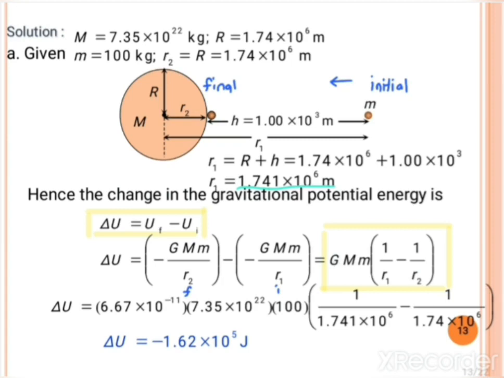M is mass of moon, capital M, and small m is mass of probe. R initial is 1.741 times 10 power of 6. R final, because it dropped on the moon surface, will become the radius of moon, 1.74 times 10 power of 6. So delta U equal to negative 1.62 times 10 power of 5 joule.